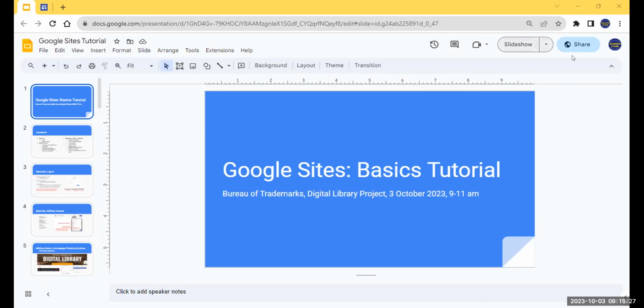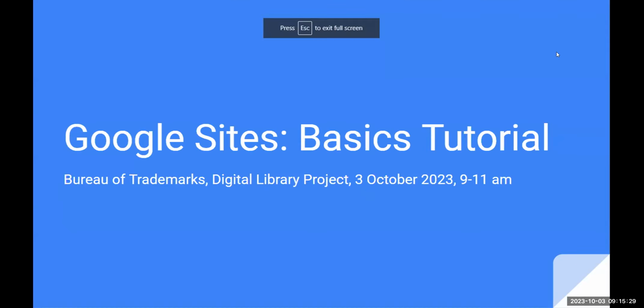So today we're going to focus on Google Sites. Now, why are we doing this basic tutorial? What you're actually going to do is pretty routine, simple and repetitive. You're basically going to link a sentence or a description in a certain page in the website, in the digital library.